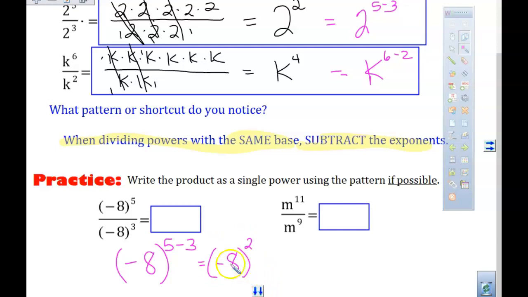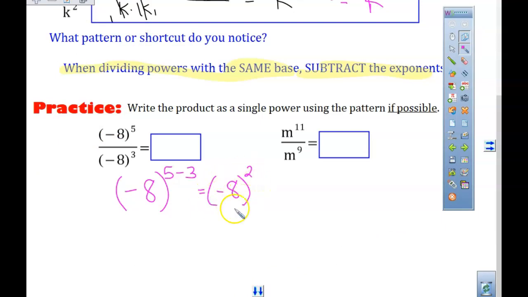And I always have students say, why does it matter if it's in a parenthesis or not? So, if you have your calculator, and actually you don't even need your calculator for this one, what does this mean? How many -8 am I multiplying? 2 of them. And if I have -8 times -8, that's equal to a positive 64. Here's the difference.